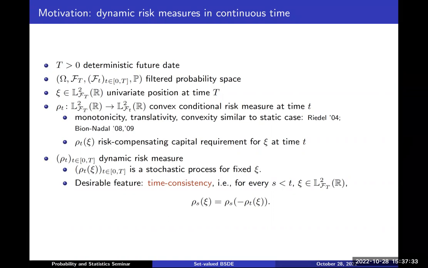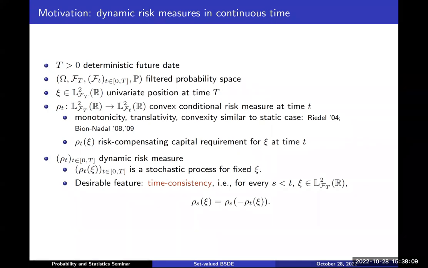And what is a desirable property for this kind of collection, what I call a dynamic risk measure, is time consistency, or as well known in probability, the tower property of conditional expectation. We can just set this as a property that should be satisfied by dynamic risk measures beyond conditional expectation. If you like, you might call it some sort of nonlinear expectation, for instance. So this is just the tower property.